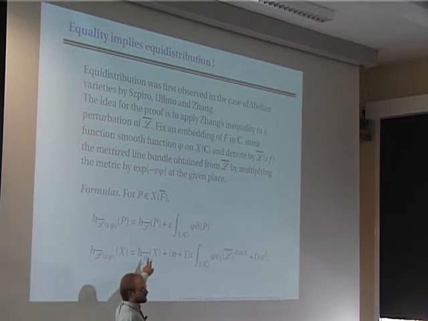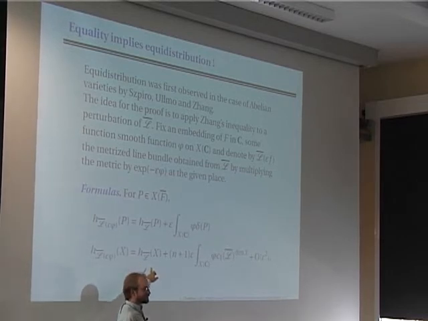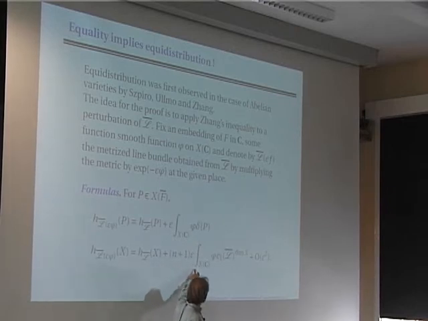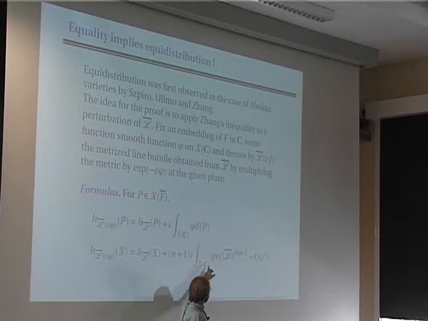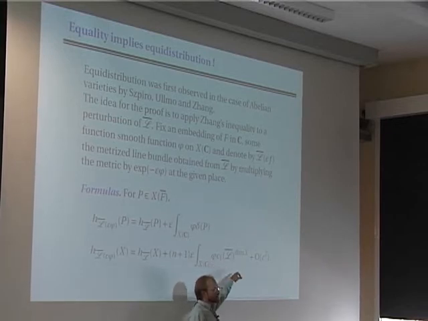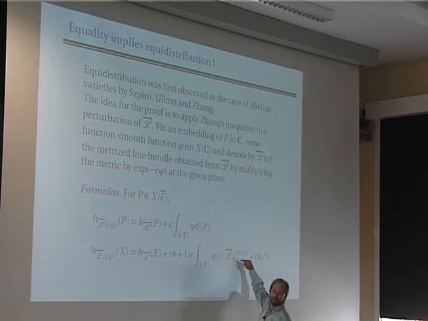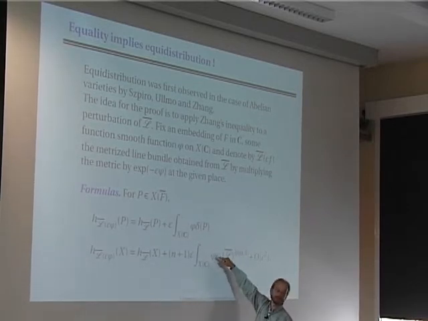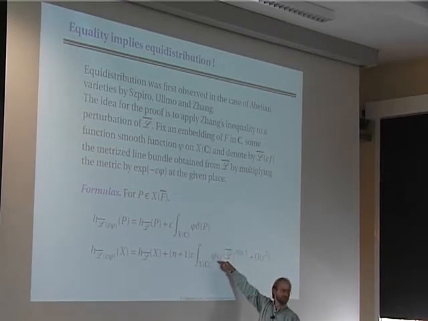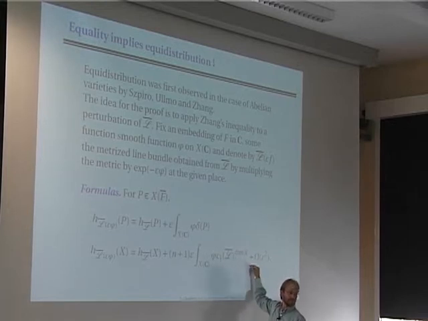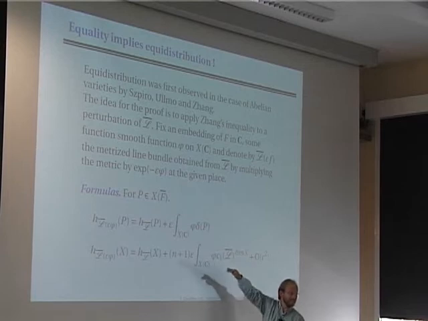The first term is, of course, the height of X, because when epsilon is 0, you get the initial metric and you get the height of X. The next term is n plus 1 times epsilon times the integral over the variety X of C of the function phi integrated against the measure c1 of L bar to the power dim X. You remember that to L bar I had attached, in the case of elementary functions, a curvature form, and then could take the maximal power of this curvature form to get a measure. So this measure appears exactly in that formula.